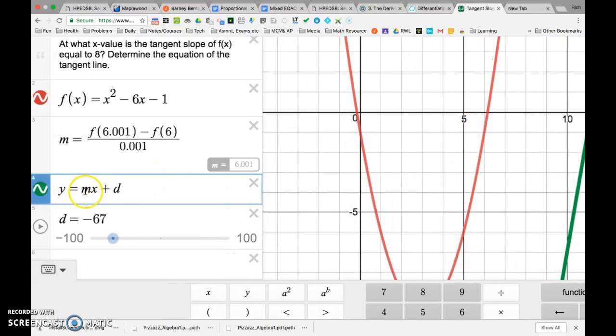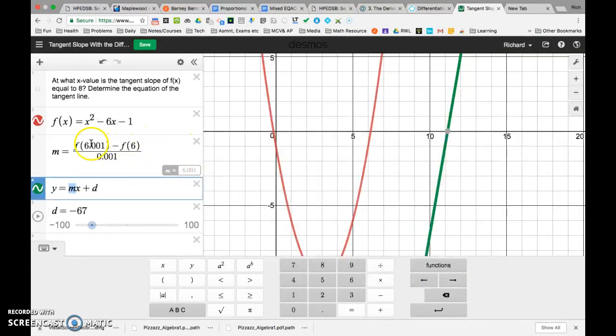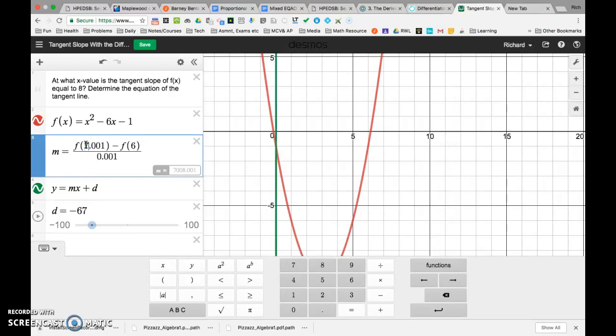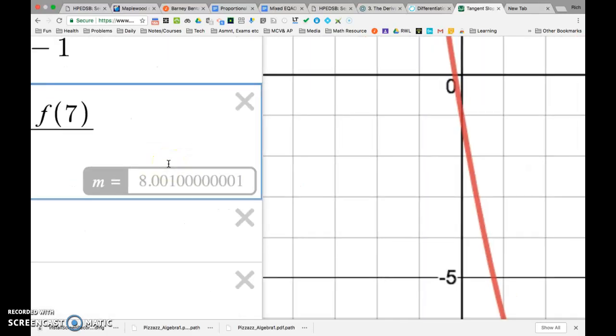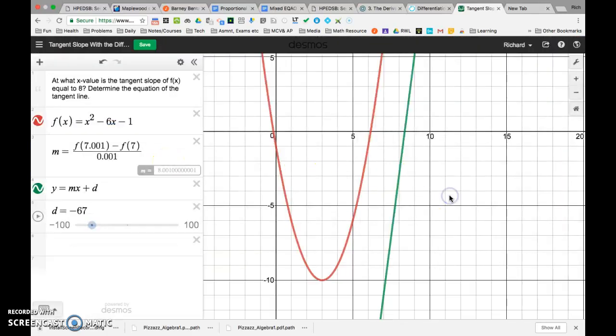Anyway, I'm still not steep enough. Let's try 7. So at 7, the slope is in fact 8.001. It is the correct steepness now, because I wanted to find a tangent slope equal to 8. So the correct answer is x equals 7.